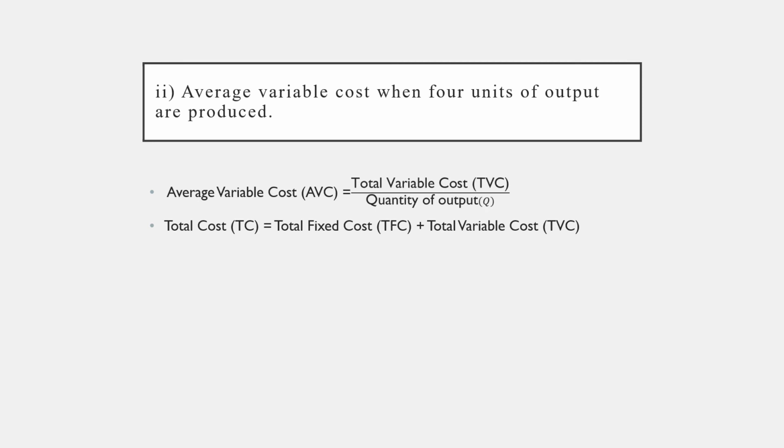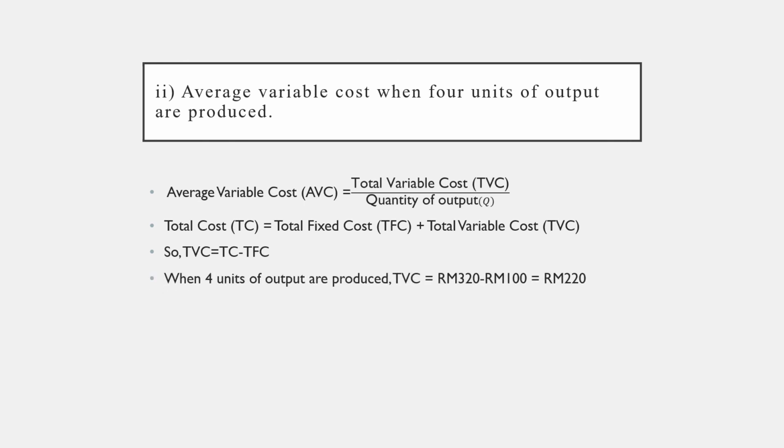So we use another formula to get the total variable cost. Total cost equals total fixed cost plus total variable cost. So total variable cost equals total cost minus total fixed cost.